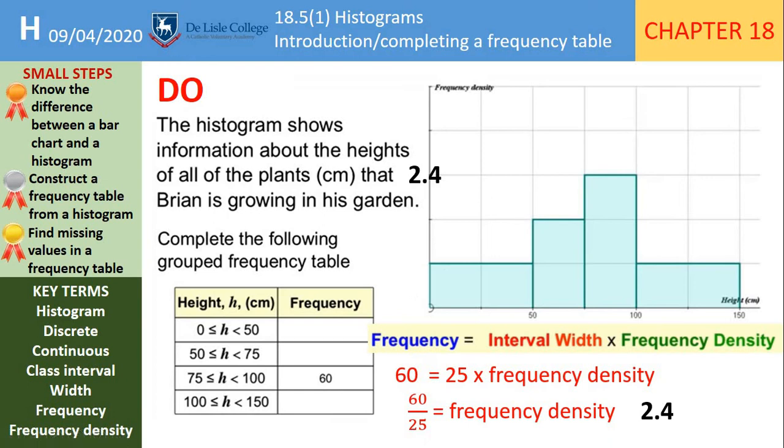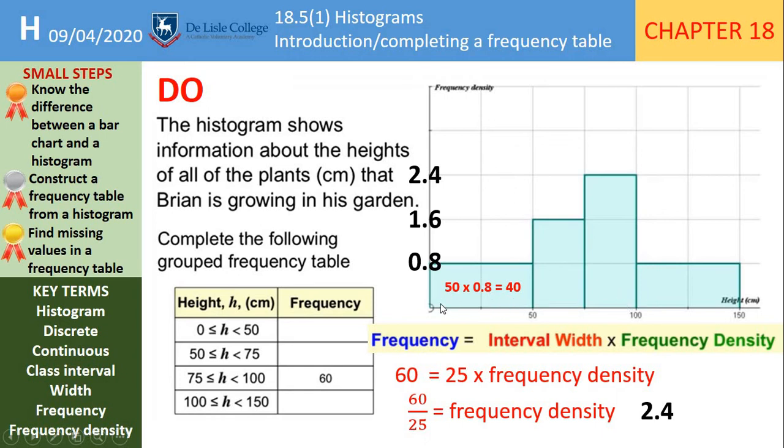This means we can then work out the rest of the markings on the frequency density axis. So 3 big squares is equal to 2.4. So dividing 2.4 by 3 gives us 1 square is equal to 0.8. And then we can fill in the rest so that I can work out the heights and the areas of the rest of the bars.